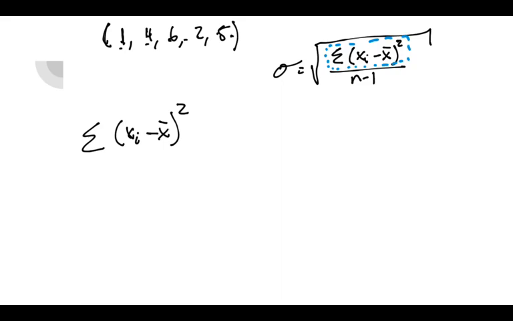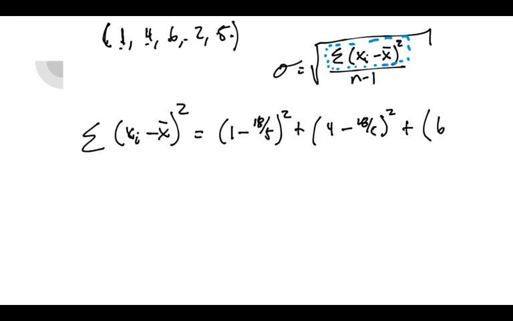So the first thing, I know that this is going to be equal to 1 minus the average of the set, which would be, well, unfortunately for us, kind of an awkward number, right? It's 18/5 quantity squared plus 4 minus 18/5 quantity squared plus, do you see the pattern? 6 minus 18/5 quantity squared.